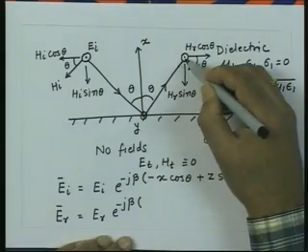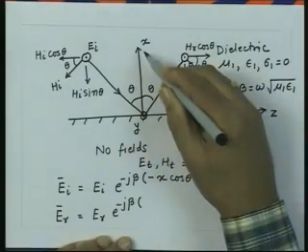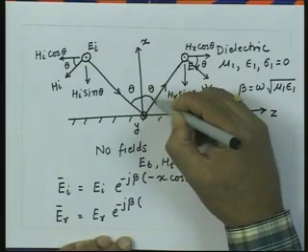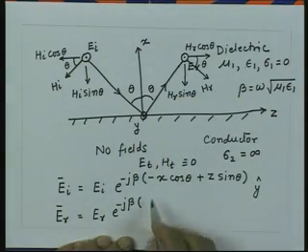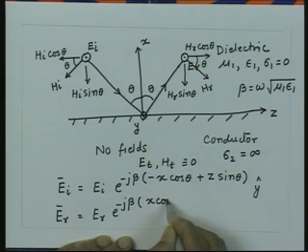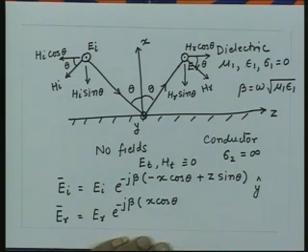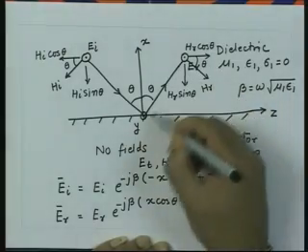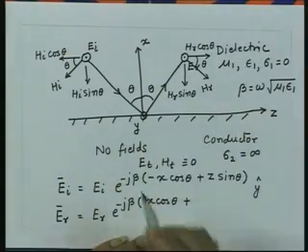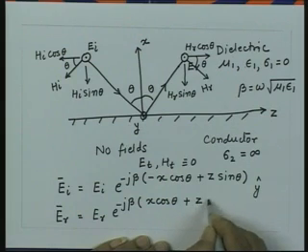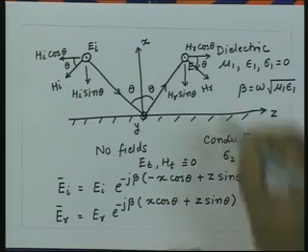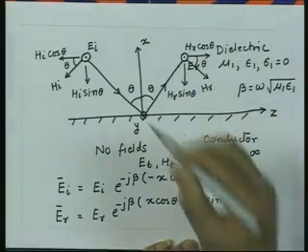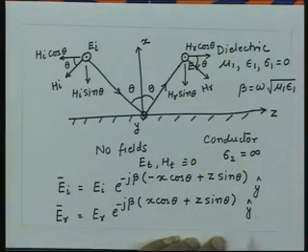Now, the angle which this wave makes with the x axis is not pi minus theta, but only theta. So, this quantity will be x cos theta, plus, since the angle with the z axis is pi by 2 minus theta, z sin theta, and again we are assuming this is oriented in the positive y direction. So, we have unit vector y.